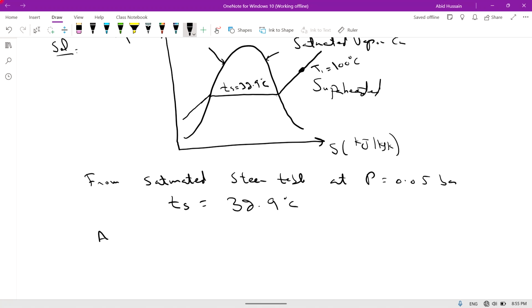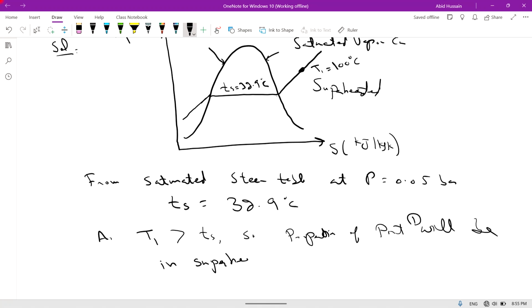So as T1, which is given as 100 degrees centigrade, is greater than Ts, the properties of point 1 will be in the superheated region. So this is point 1.